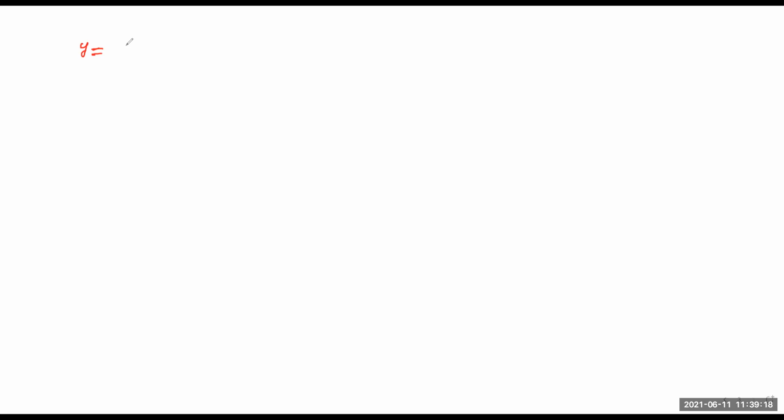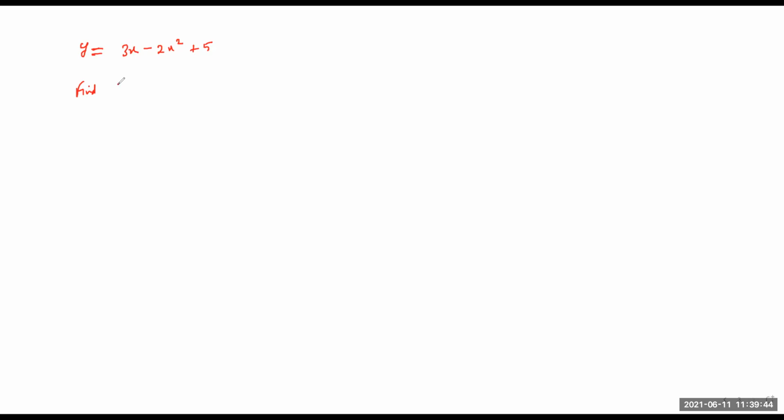Let's solve this question. 3x minus, plus 5. Can you see this expression now? Can you find the critical point? It's a quadratic equation, so you will get only one critical point.